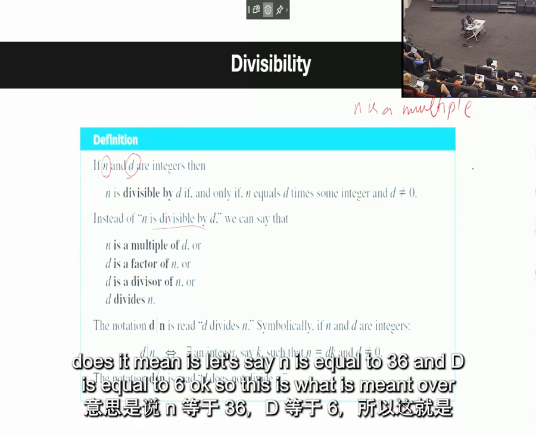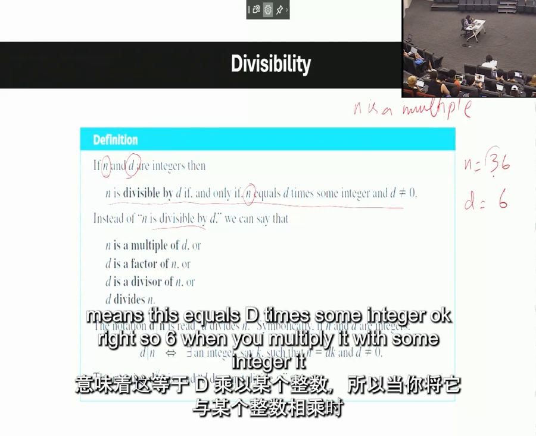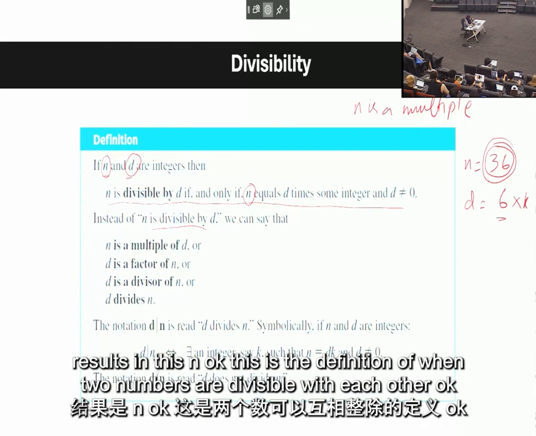Let's say n is equal to 36 and d is equal to 6. What does it mean? It means n equals d times some integer. So 6, when you multiply it with some integer, results in this n. This is the definition of when two numbers are divisible with each other.